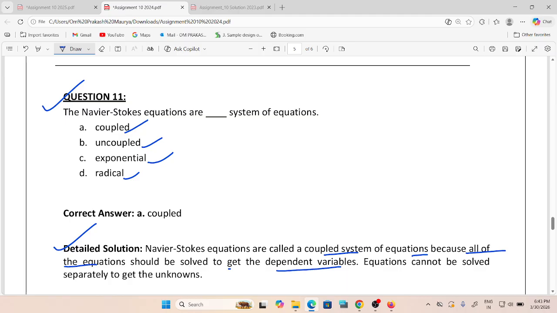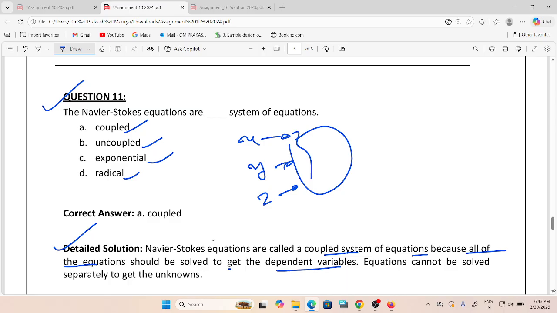Coupled means, if you have the Navier-Stokes equation in 3 dimensions, the x direction, y direction and z direction, you have 3 equations. When you solve these 3 equations combined, then you will be able to find the unknown value.